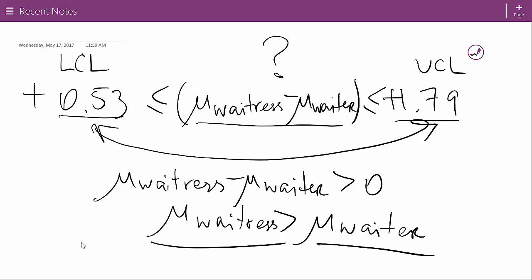Make sense? That's an illustration of how we can use hypothesis testing and confidence intervals simultaneously. They can lead to similar conclusions, so these two tools, estimation using the confidence interval and testing of hypothesis, can be used interchangeably. You can get the same conclusion using a different tool.